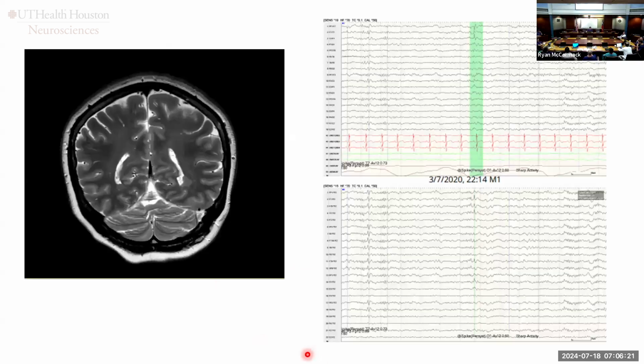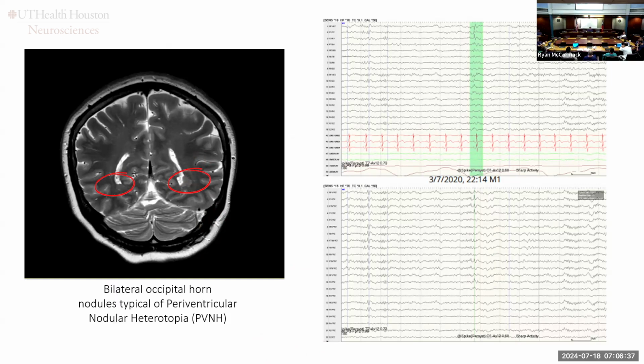Here is a coronal MRI of her brain. Here you can see this periventricular nodular heterotopia within the ventricle, or just overlying the ventricle. When you look at the EEG, which isn't showing up great here, you can see that there are spikes occurring basically right here.